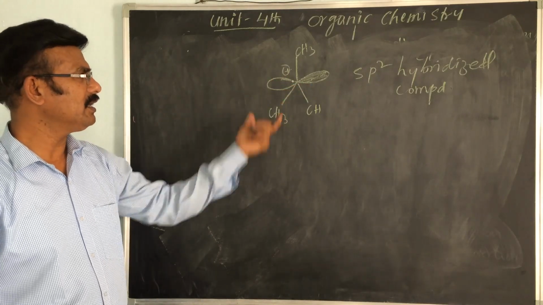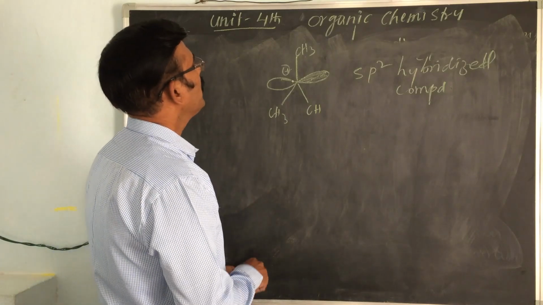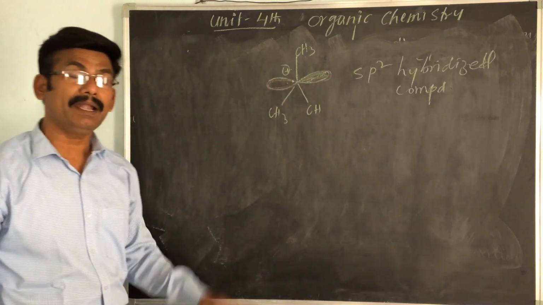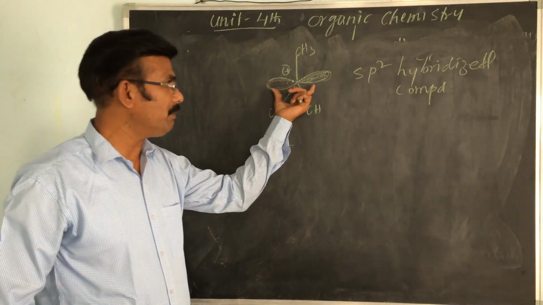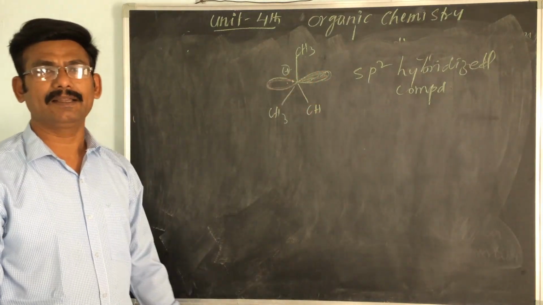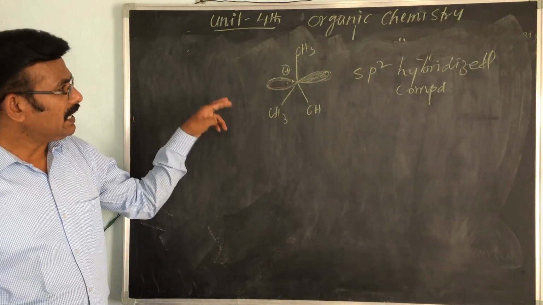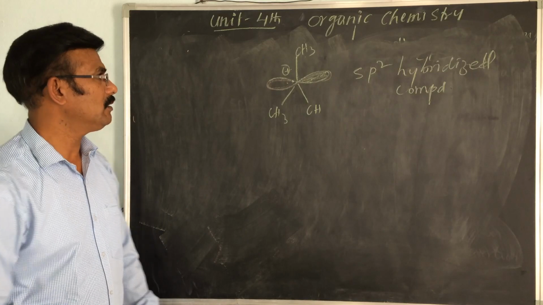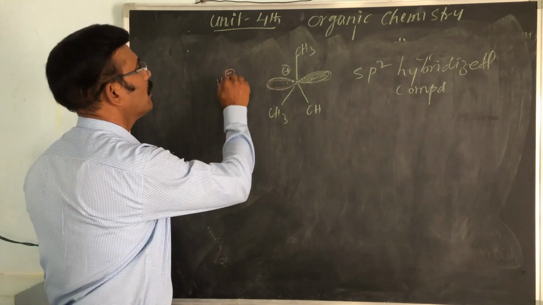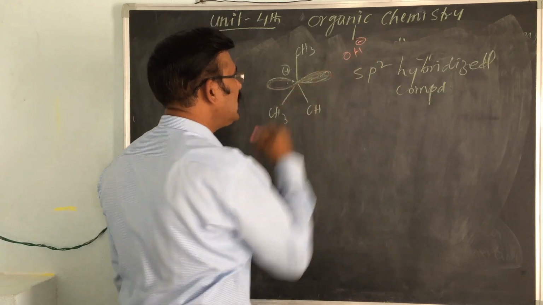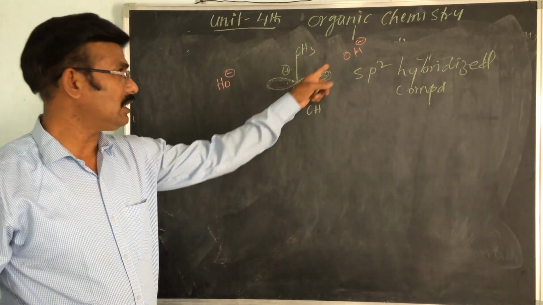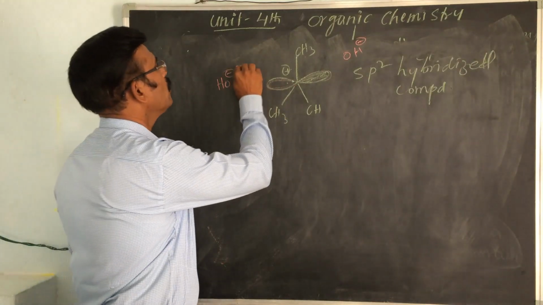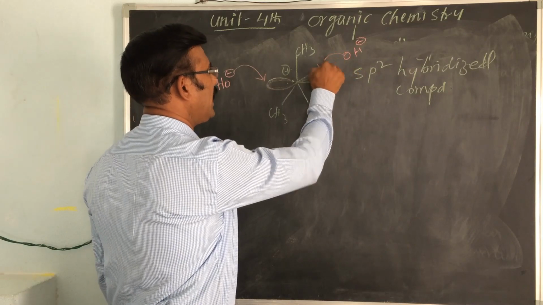The empty p orbital is perpendicular to the plane. It is equally available for the nucleophile, so both faces are available to attack.